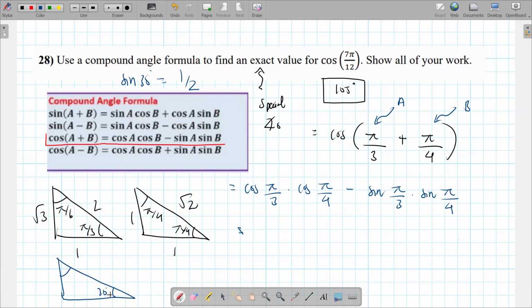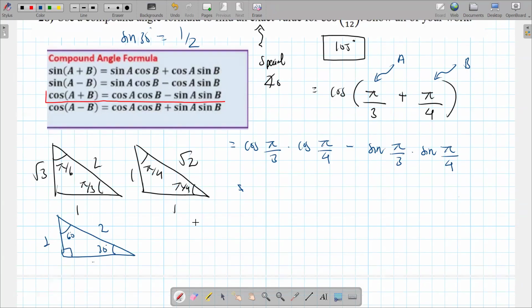Now I've written that angle down here, 60. The hypotenuse is going to be 2. What goes on this side? It's the same thing, right? You can write it up or down, it doesn't matter. Cosine of pi over 3 is 1 over 2.